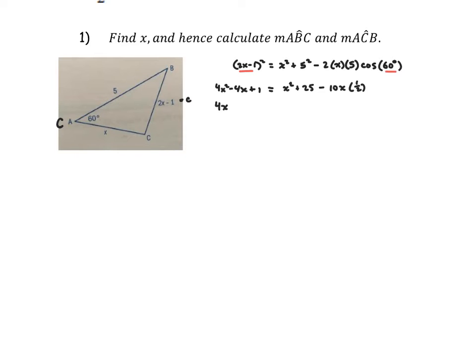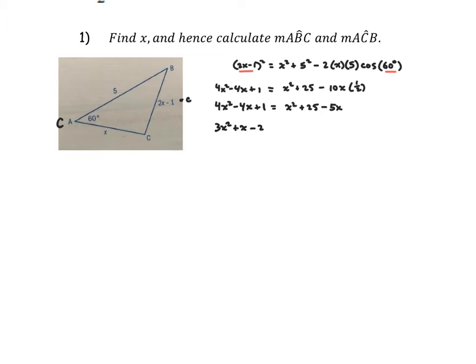So what I'm getting is 4x squared minus 4x plus 1 is equal to x squared plus 25 minus 5x. All right, let's get everything to one side. So that would make 3x squared on the left. That would make 1x. And that would make a minus 24.